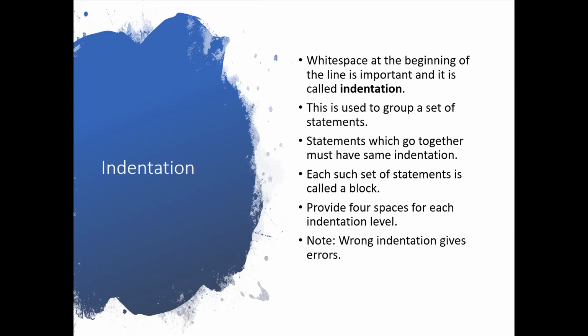So the usual way is you use 4 spaces to indicate different levels, which means in my previous example, if you have an if statement, whatever statement should come inside the if, you have to indent them, right? And normally when you make a mistake in this indentation, you will get an error. Right. Now let me explain this here.